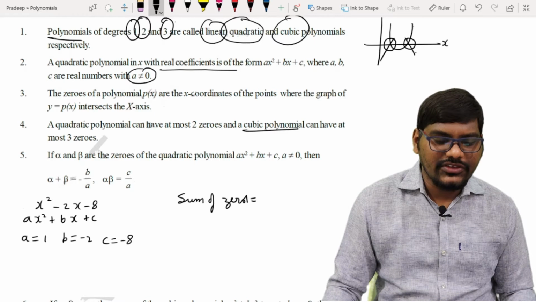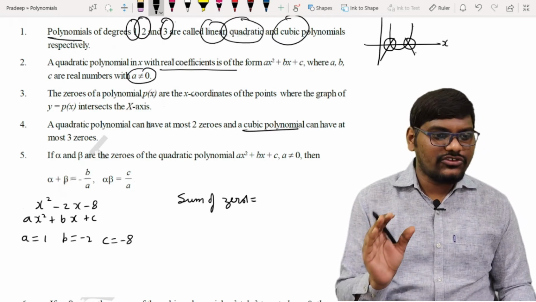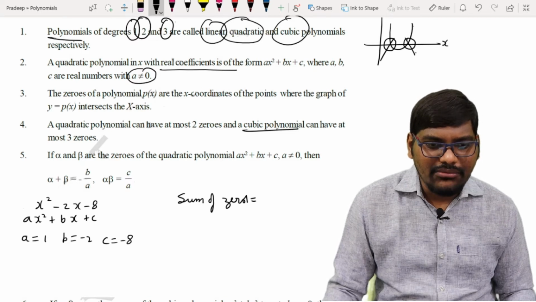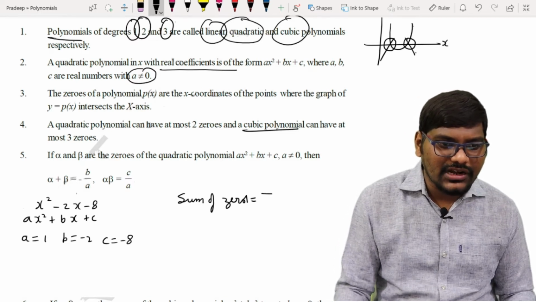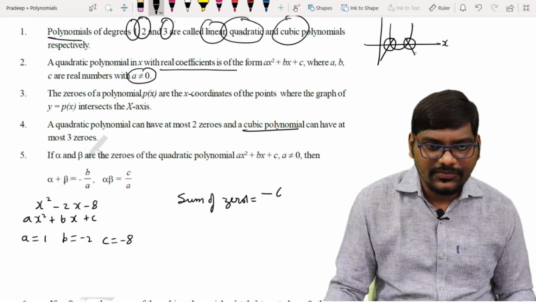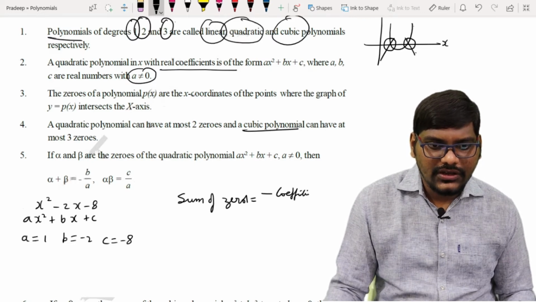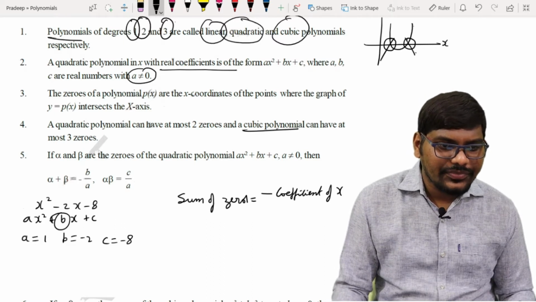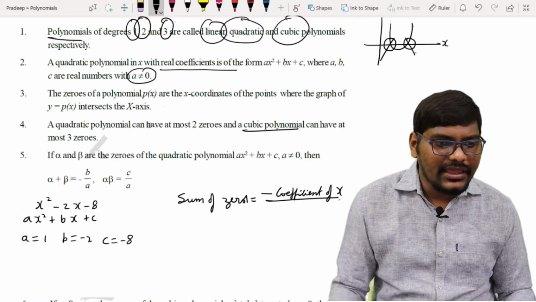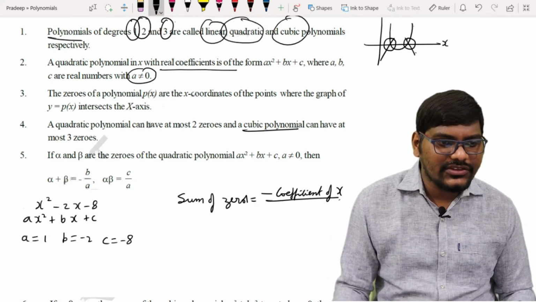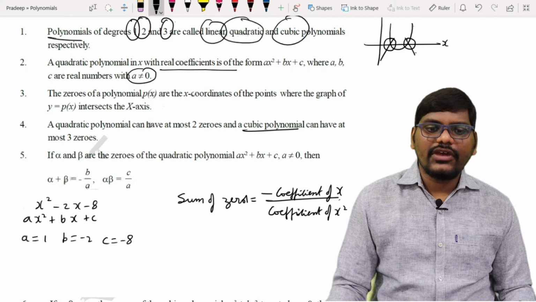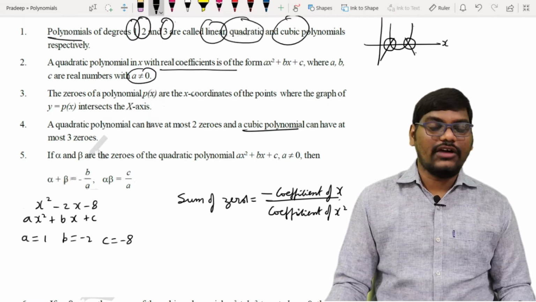One thing which should be much clearer here: for the sum of zeros, we'll be writing minus of the coefficient of x, that is nothing but b here, and divided by a, the coefficient of x square. This is the way we'll write the sum of zeros of the polynomial.